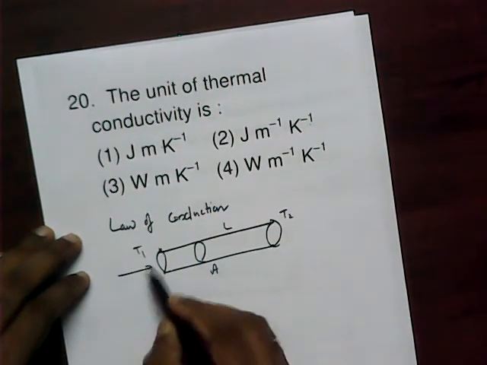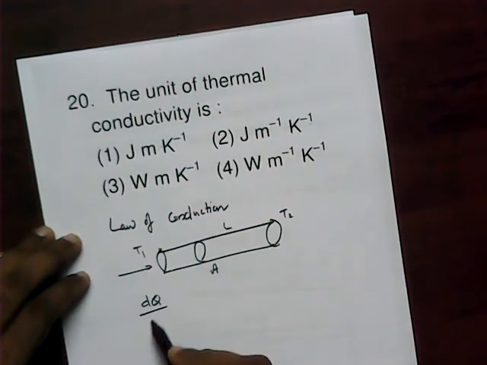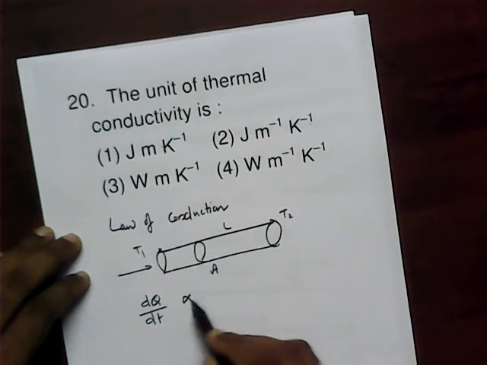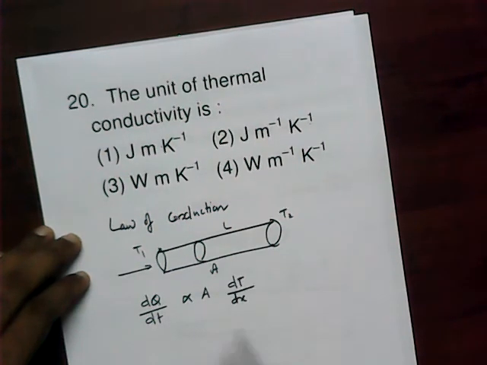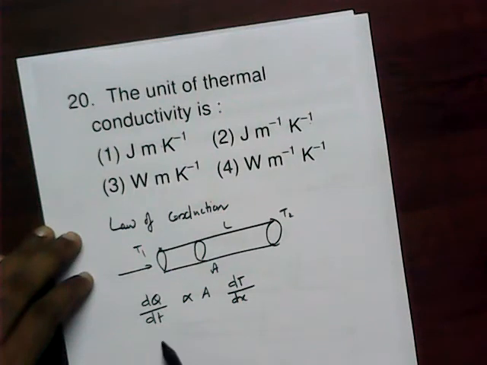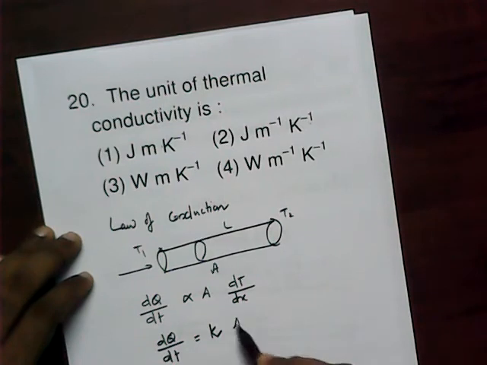The rate of flow of energy is proportional to the area of cross section, the temperature gradient dT by dx, and that proportionality constant is called the coefficient of thermal conductivity.